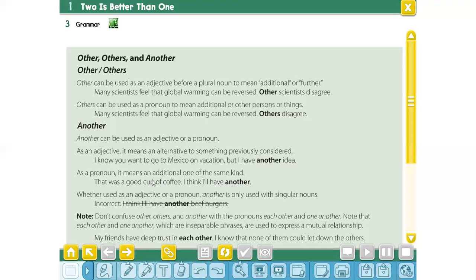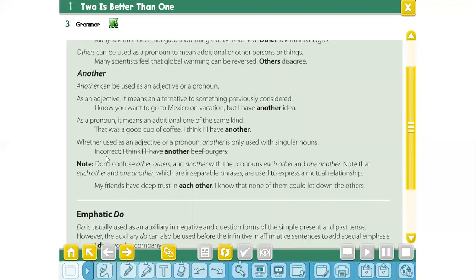So another means what? An additional one of the same kind, the same cup of coffee again. Okay? Yes. Whether used as an adjective or a pronoun, another is only used with singular nouns. So be careful. Others is used to denote plural nouns, but another is used to denote singular nouns.